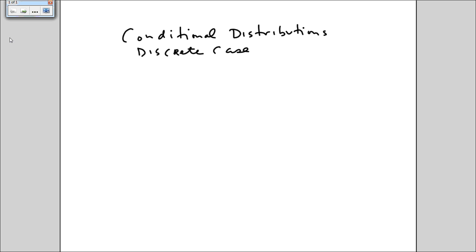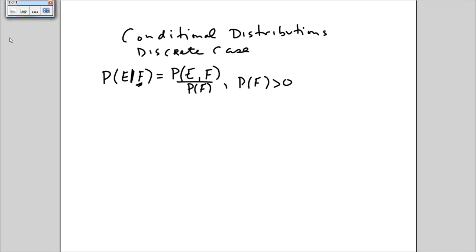Now, recall that for conditional probabilities, the probability of E given F is the probability of E and F divided by what comes after the given that line. That is, divided by P of F. And this only makes sense if P of F is not 0.